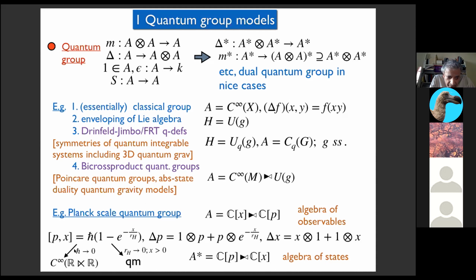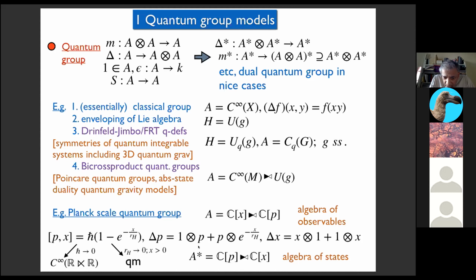And in the other limit, where h bar goes to 0, this becomes classical, but this coproduct is still there, and it depicts a non-commutative, non-abelian group, which is R cross R. So that's an example that unifies quantum theory and gravity in some sense. There's a curved space, or phase space, and a quantum algebra.